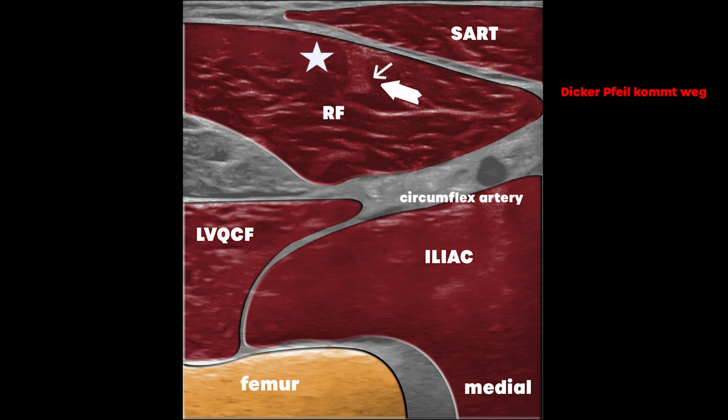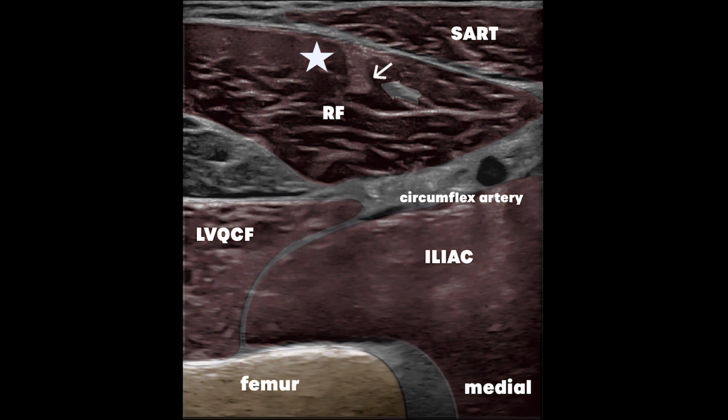The ultrasound probe is moved proximally in a transverse orientation over the rectus femoris tendon. This maneuver continues until the hypoechoic shadow of the indirect tendon becomes visible once again, now appearing in cross-section.